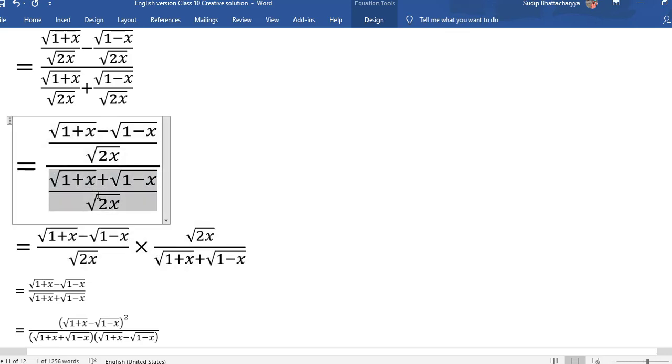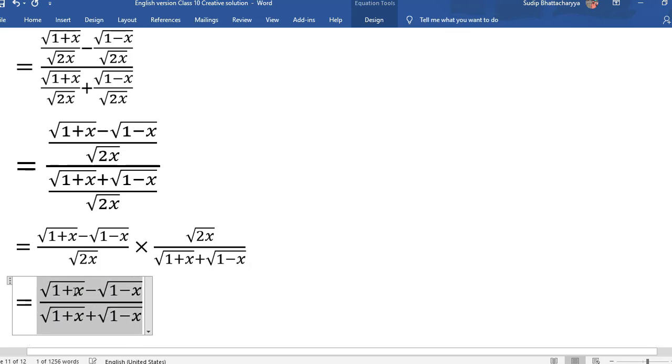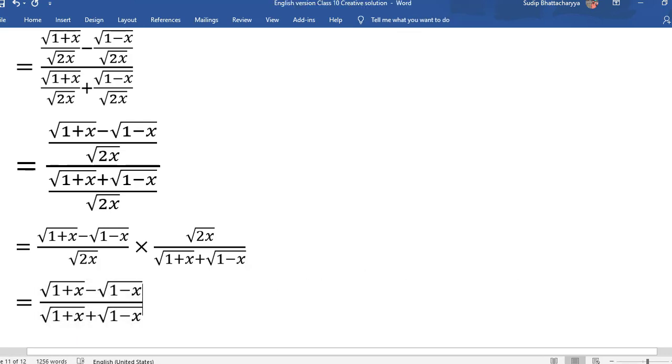This fraction will be flipped when it is multiplied instead of divided. So root over 2x and root over 2x will be cancelled, and the denominator will be root over 1 plus x, and the result is root over 1 plus x minus root over 1 minus x divided by root over 1 plus x plus root over 1 minus x.